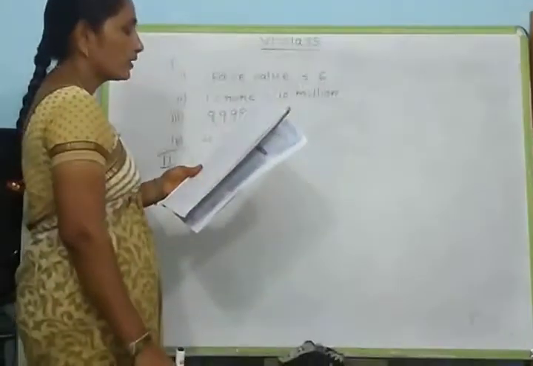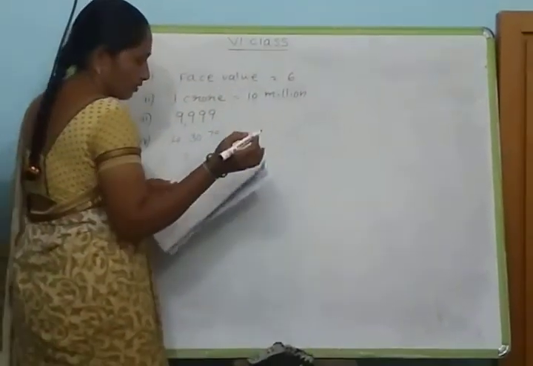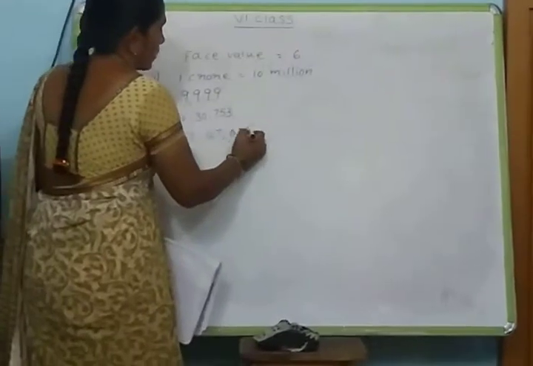In that first one, write the expanded form of 3,47,028.